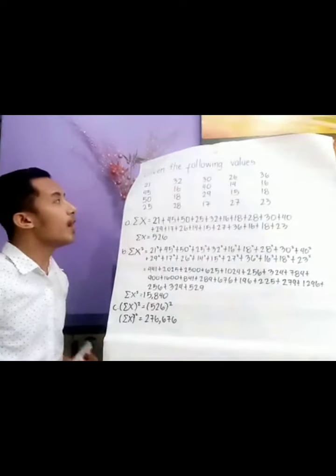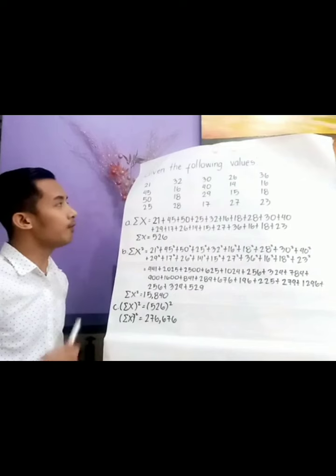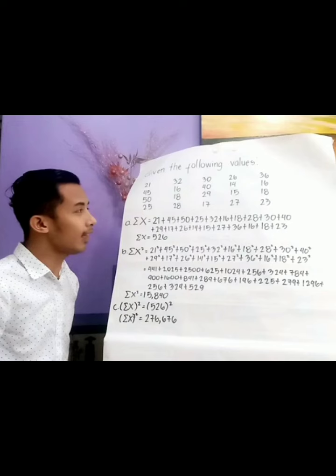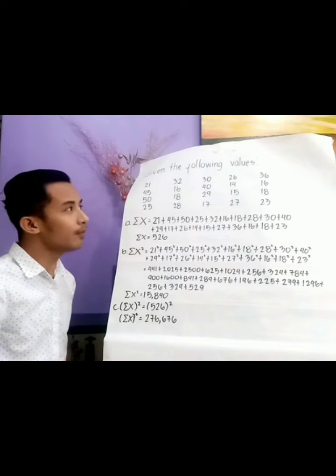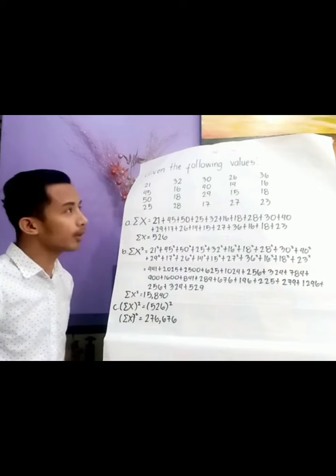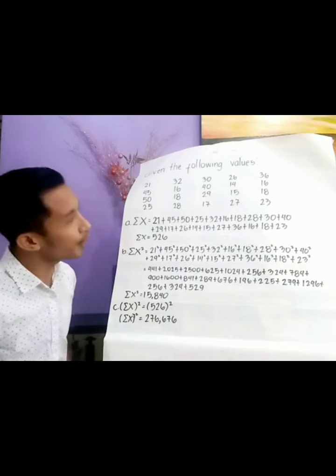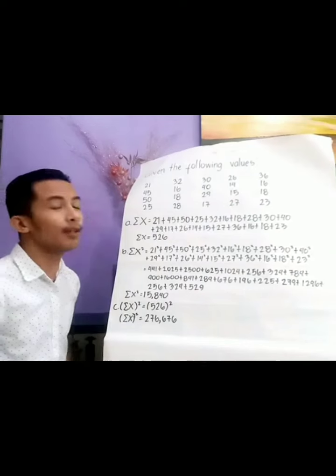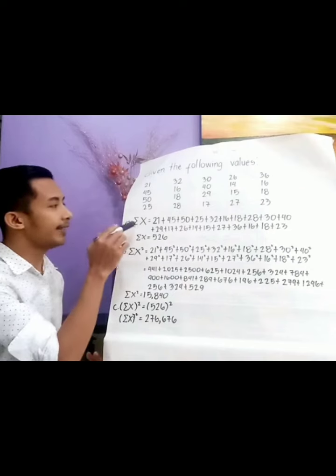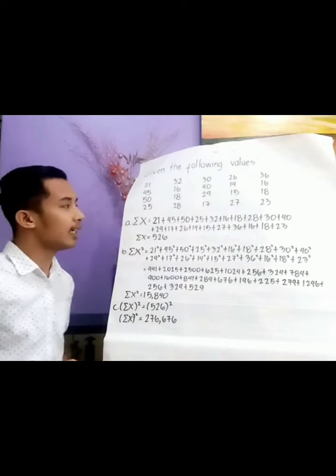So, we have 21, 45, 50, 25, 32, 16, 18, 28, 30, 40, 29, 17, 26, 14, 15, 27, 36, 16, 18, 23. So how to get the summation of X?